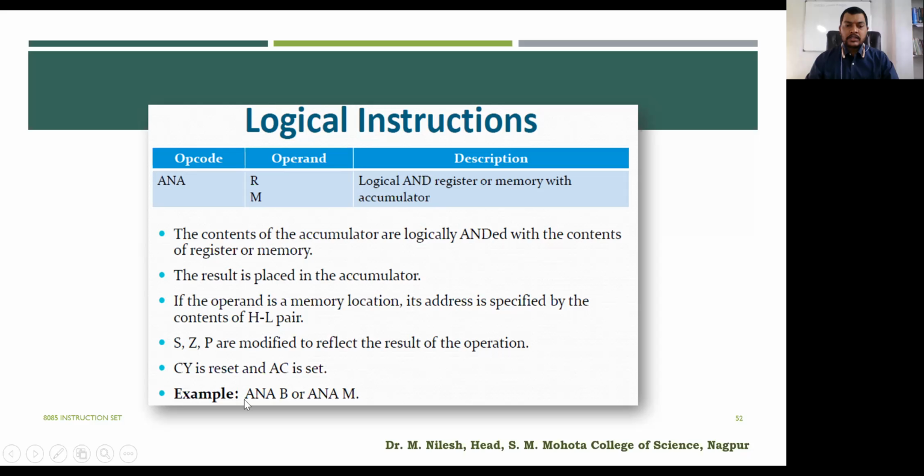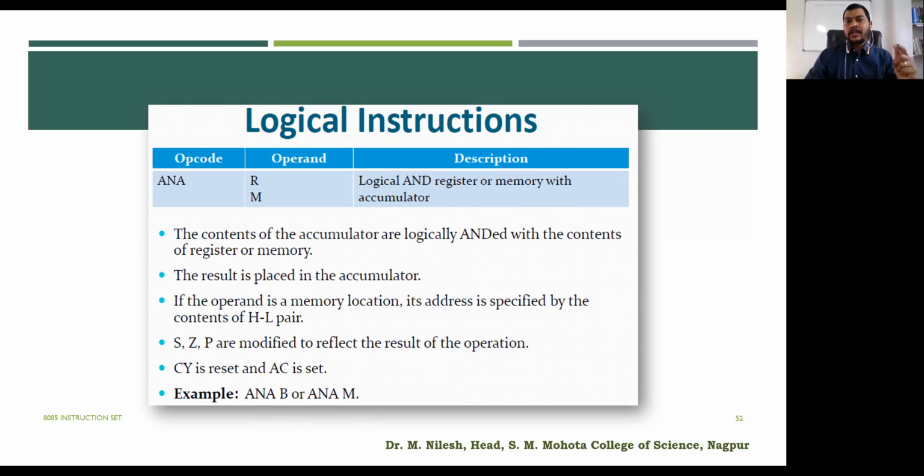Remember this. So we have these instructions ANA A, ANA B, which means you can use any register. So we are here using the B register. That's why I have written ANA A, ANA B and ANA M, right? And the memory location is specified in the HL pair. Now, there is one condition that always arises, that I have to make the accumulator 0, right?